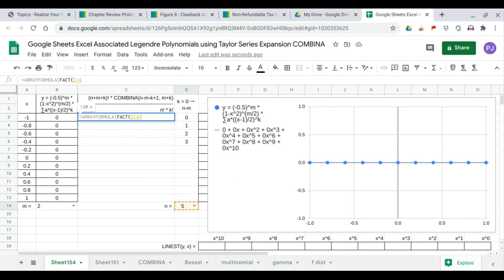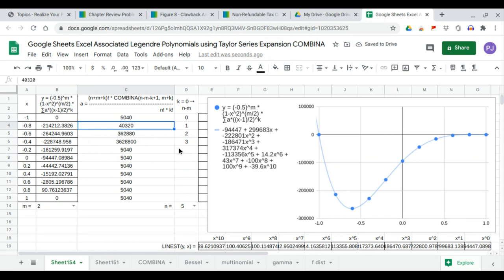n plus m plus k. So if k is empty, this should be 0. So we'll correct this.